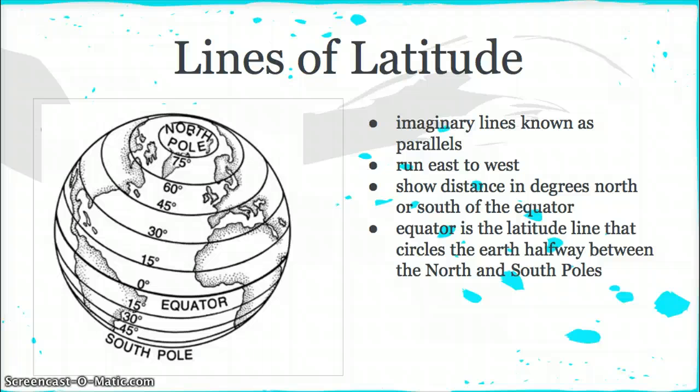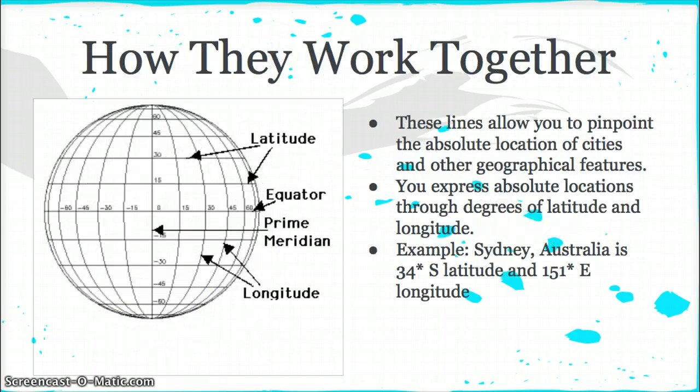These are always the same amount of distance between each other, north and south of the equator, and that is not the case with lines of longitude. They run east to west. They show distances in degrees north or south of the equator, and the equator is the latitude line that circles the Earth halfway between the north and the south poles, and here's the equator right there.